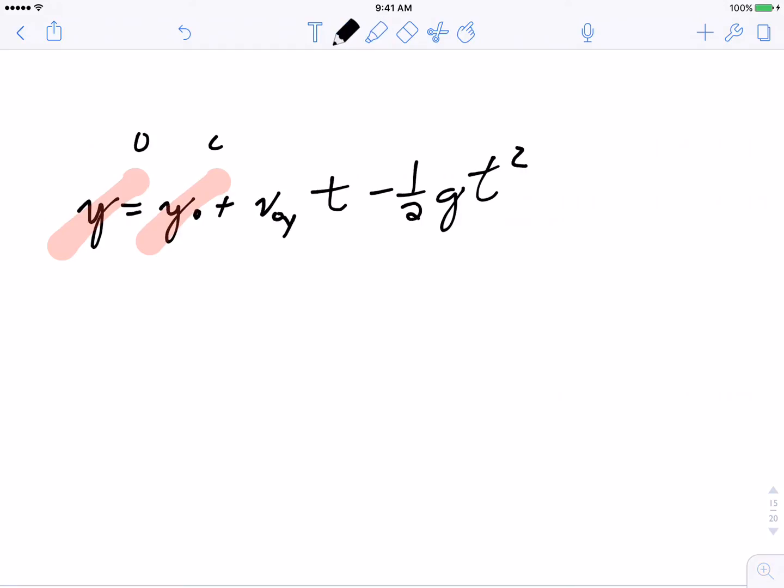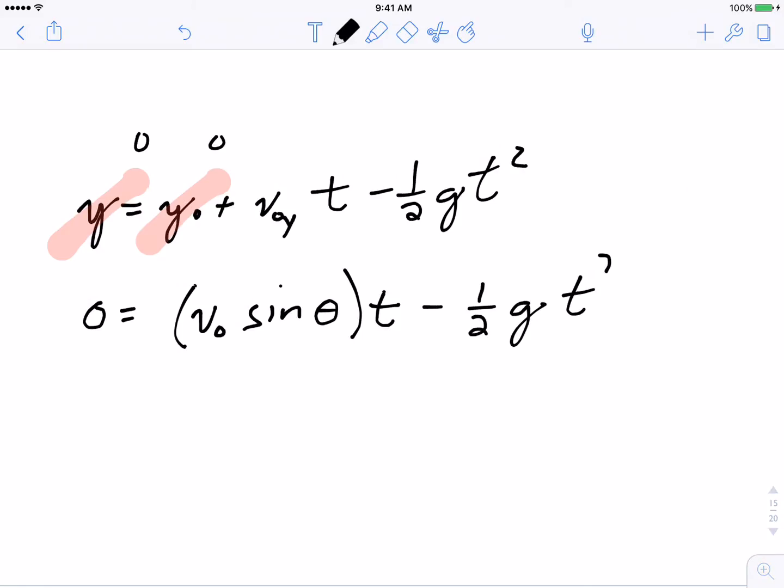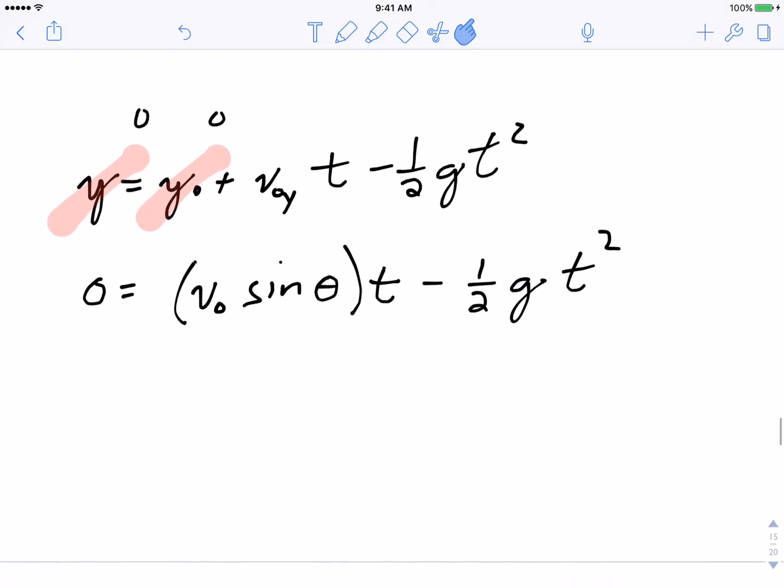Now we have 0 equals VOY t. Well, I know that VOY is VO sine theta, multiplied by t, minus 1/2 g t squared. And by the way, I'm specifically not entering 9.8 for g right now, because things are going to work out nicely for me later. So no need to start plugging numbers in if I don't need to.